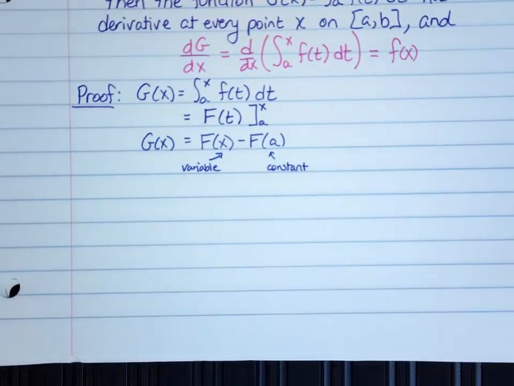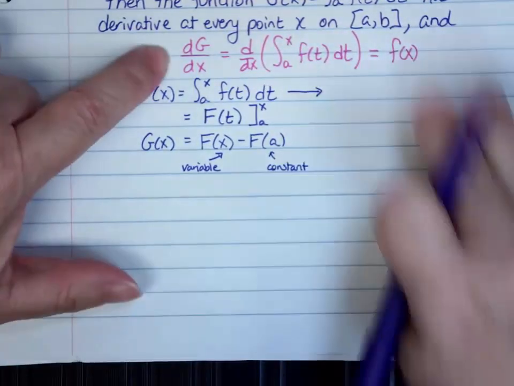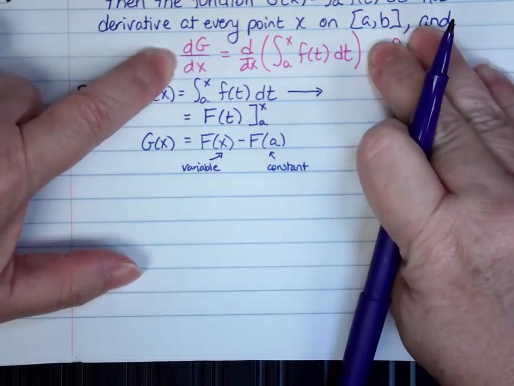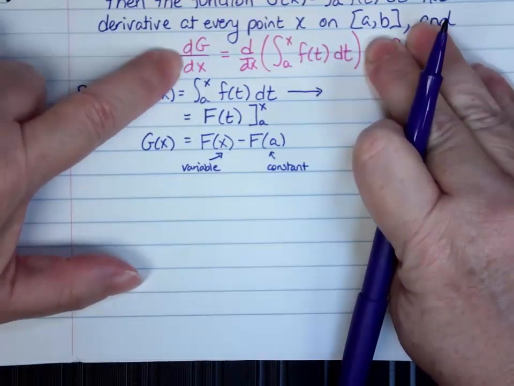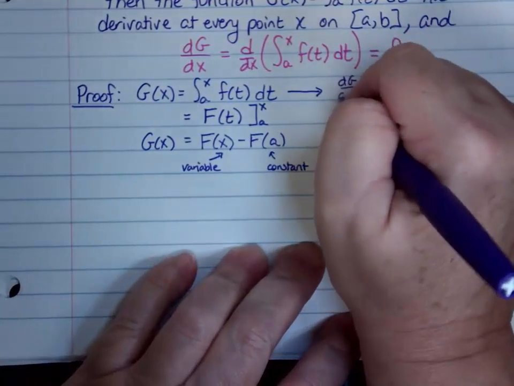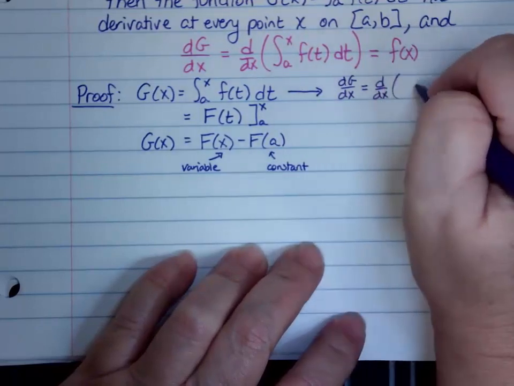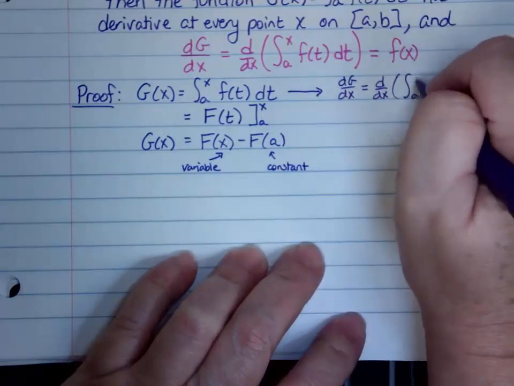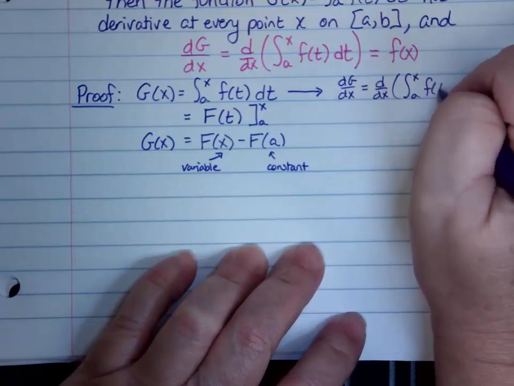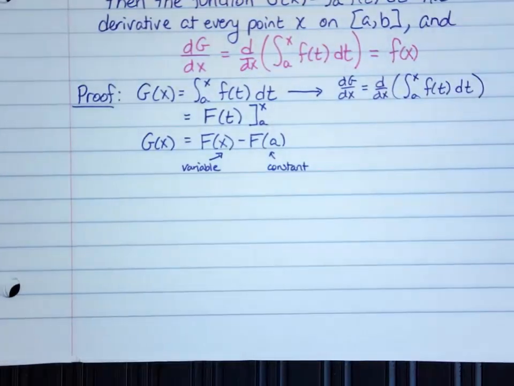Okay, what I want to do now is come over to the side and basically rewrite this right here. Taking the derivative of both sides looks like this. So I'm going to write dg/dx equals d/dx of the integral from a to x of f of t dt, like that. And I'm going to work it out and show that it equals f of x.